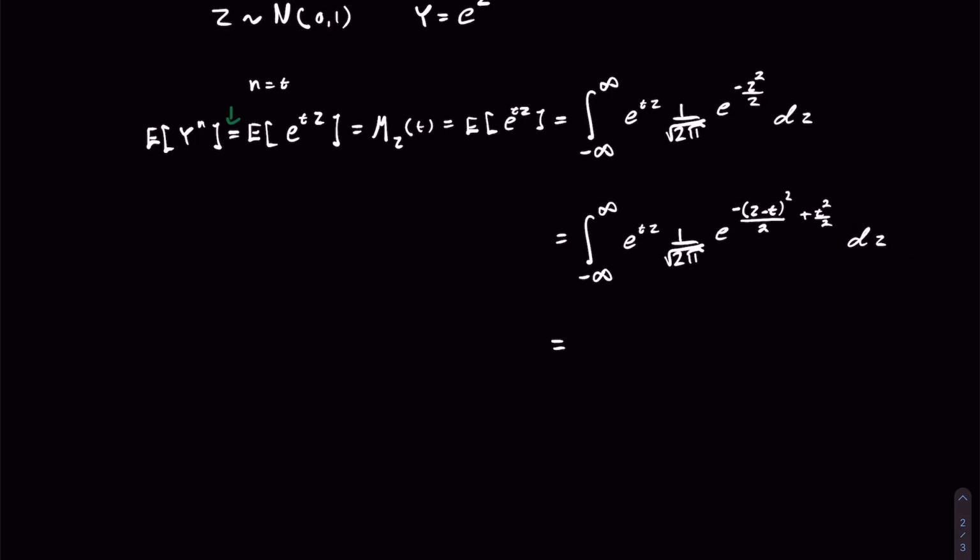And this is actually after removing this as well, because that's what we did. We moved this piece up here. We completed the square. We're left with this expression. Now we're going to move this out again, which yields e to the t squared over 2 like that.